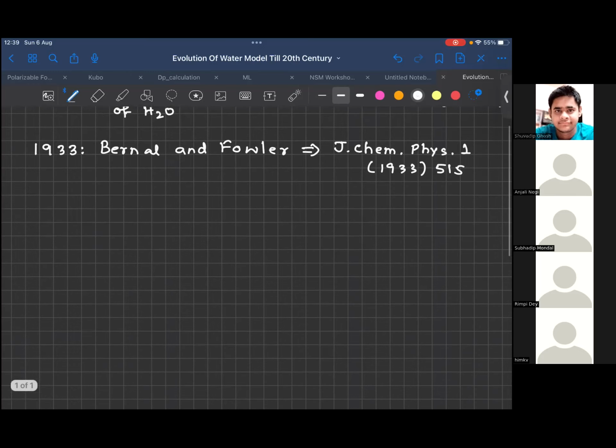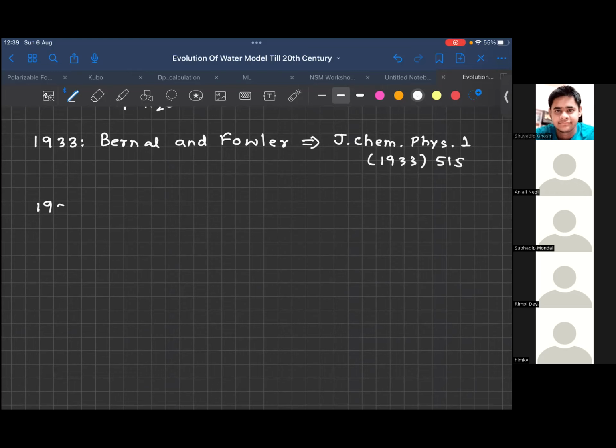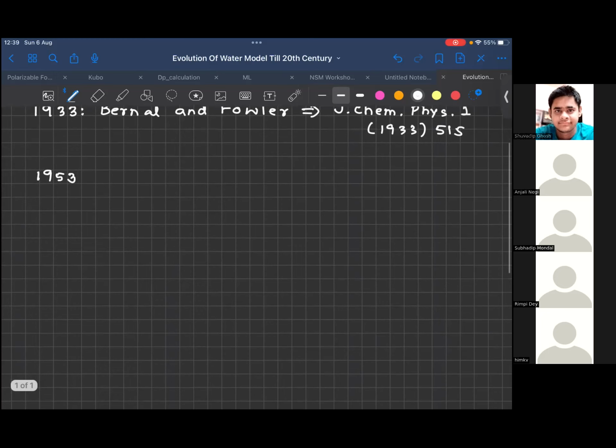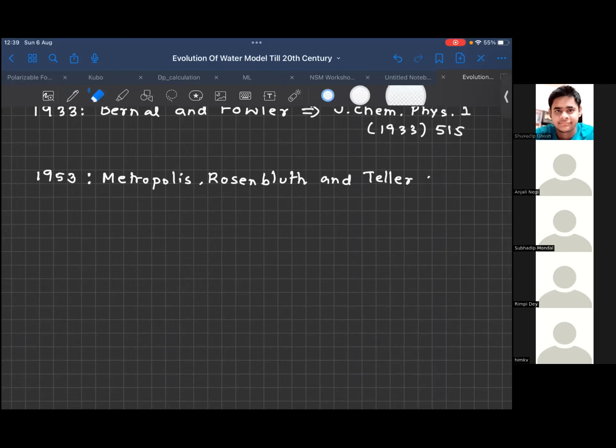The first thing, in 1953, three scientists, Metropolis, Rosenbluth, and Taylor, first presented the Monte Carlo sampling scheme for water.